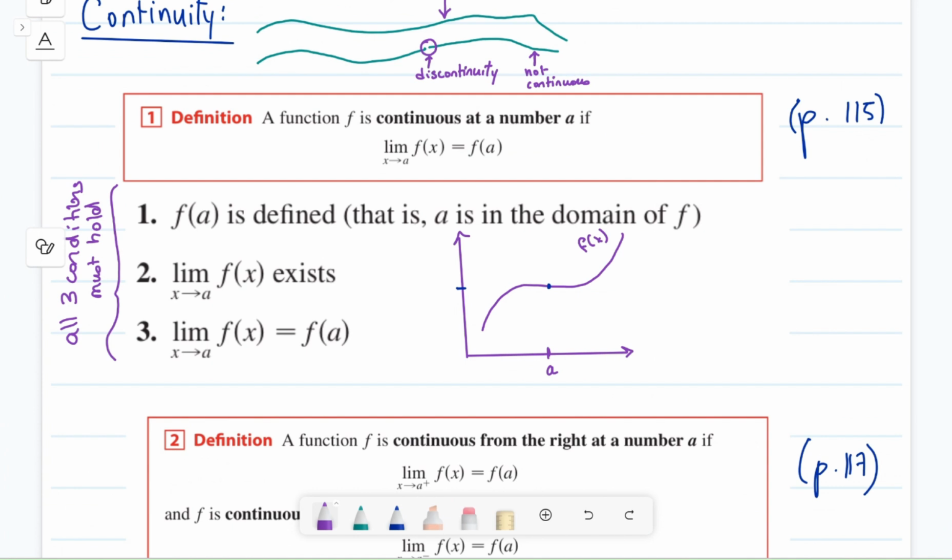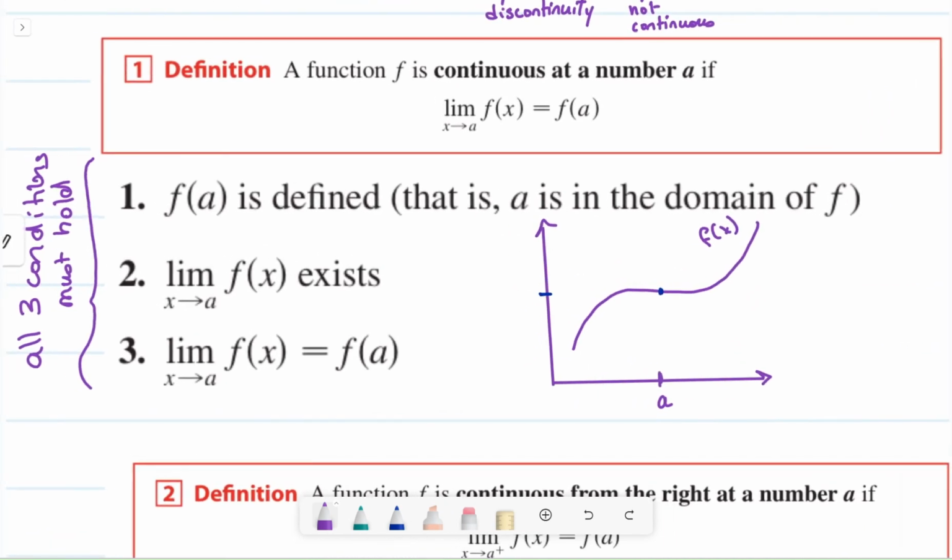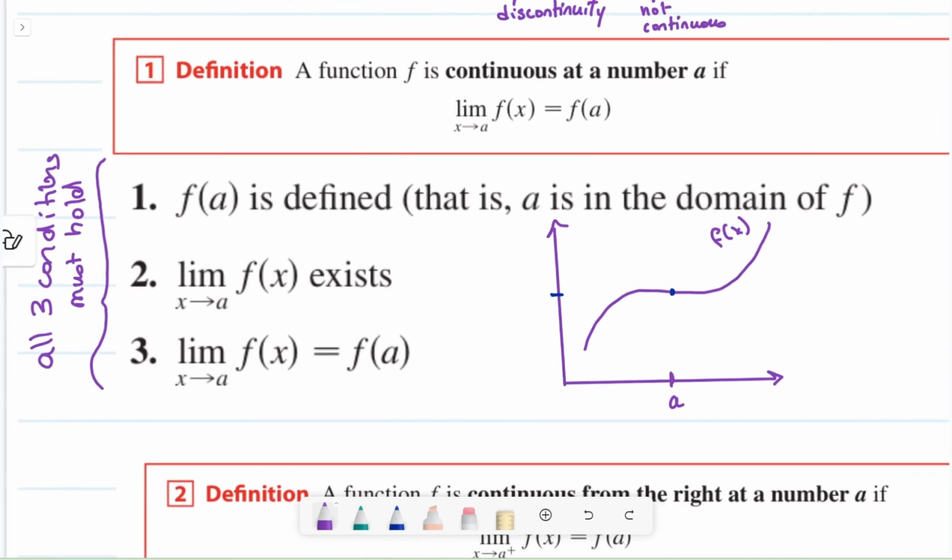The limit of f of x as x approaches a exists. When does a limit exist? A limit exists if the right-hand limit, so the limit of f of x as x approaches a from the right, is equal to the limit of f of x as x approaches a from the left, and it's equal to a number L, let's say.